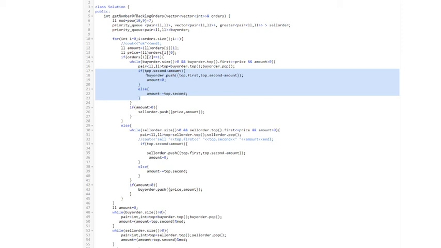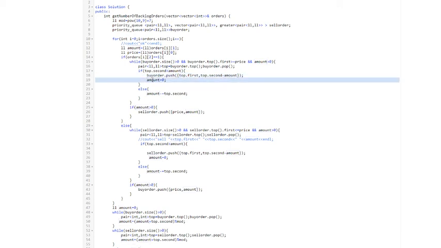So if the amount in the queue, which queue is it? It's a sell queue, right? Sorry, it's a buy queue. Yeah, it's a buy queue. If it's greater than the amount which I'm looking at, then essentially I need to push the remaining amount in the buy queue and reduce that amount to 0.